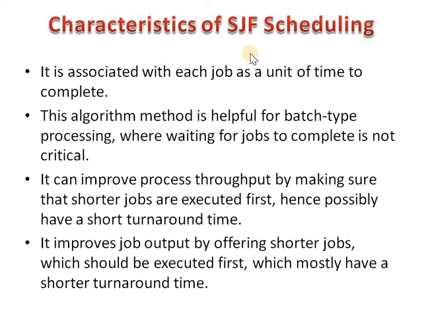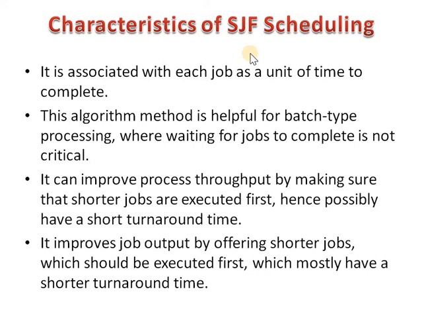In short, shortest job first is an algorithm in which the process having the smallest execution time is chosen for the next execution. This scheduling method can be either preemptive or non-preemptive, and it significantly reduces the average waiting time for the processes awaiting execution.